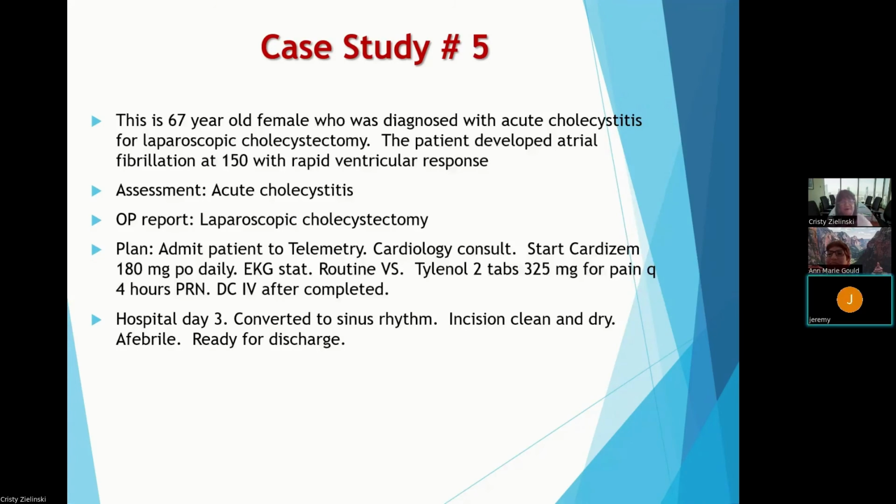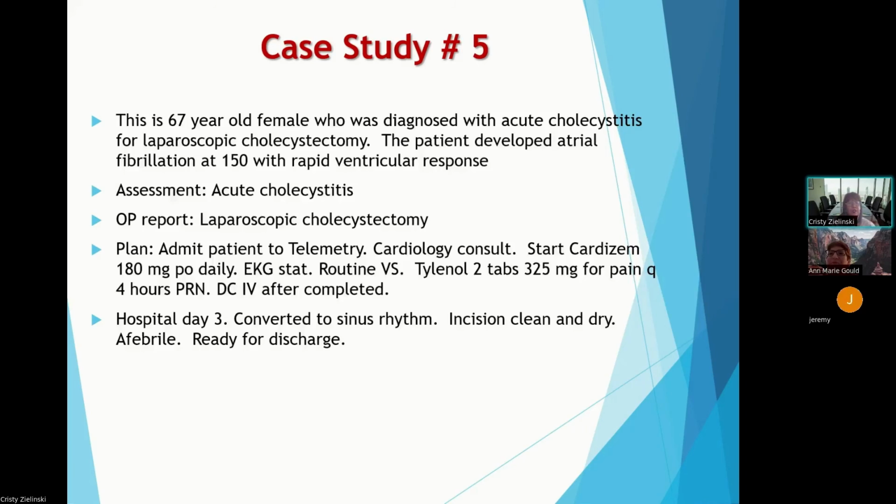So the only thing I see, because the procedure was routine, would be the atrial fib. That's right, because laparoscopic cholecystectomy is an outpatient procedure. But what the doctor has been documenting is acute cholecystitis.